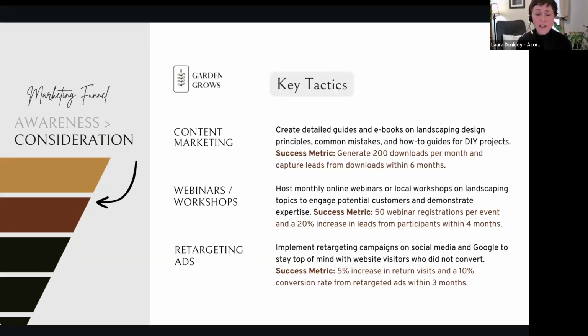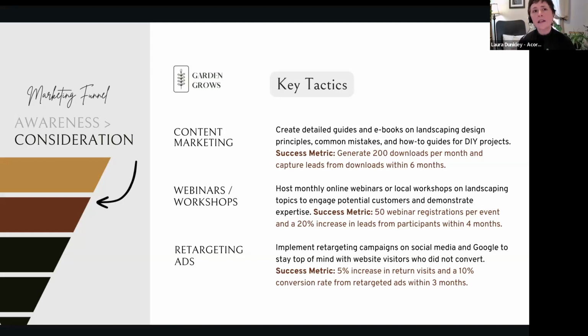And here are those key tactics. I will leave you with the details for afterwards, but content marketing is huge in this part of our funnel. Webinars and workshops, right? It's helping build trust and authority, how to get in front of people, giving people free content, moving them through the funnel to be able to, maybe you as a consultant, they want to hire you.